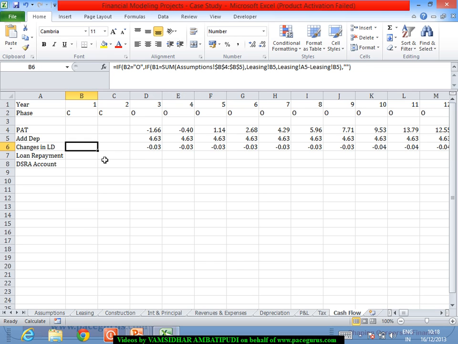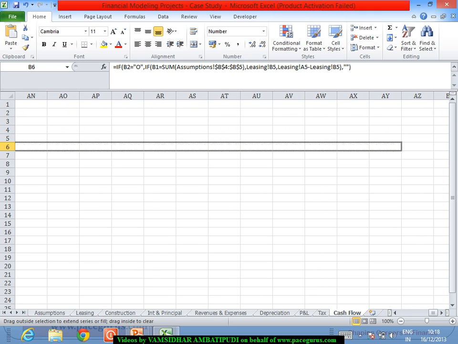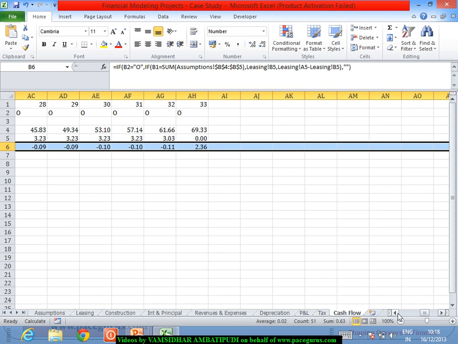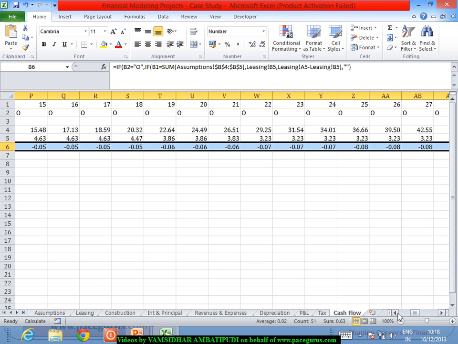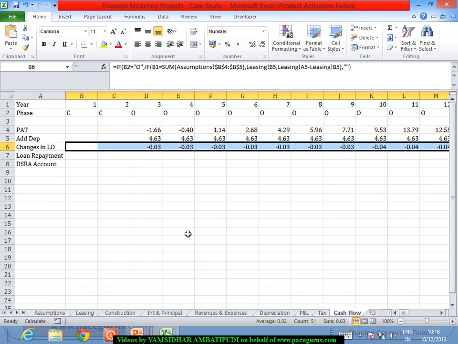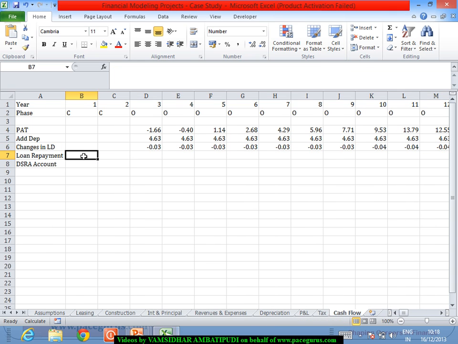Now what will happen because of this is, as a part of your cash flows, now in the last year you are getting back the entire lease deposit, which means you are turning positive on the cash flows in the final year. That's one more cash flow that we have to handle.